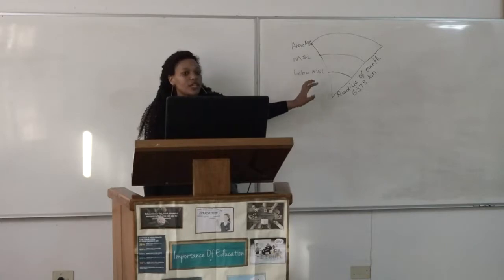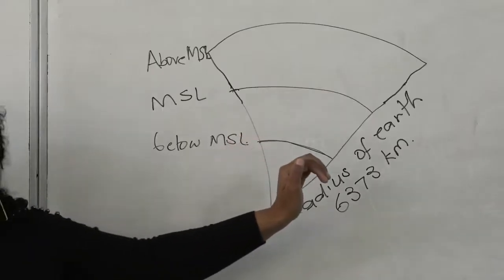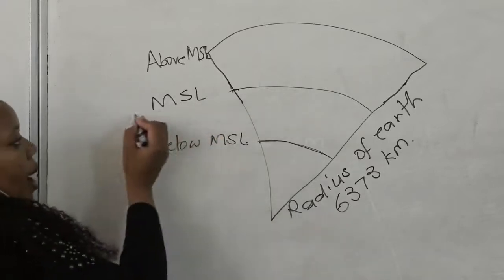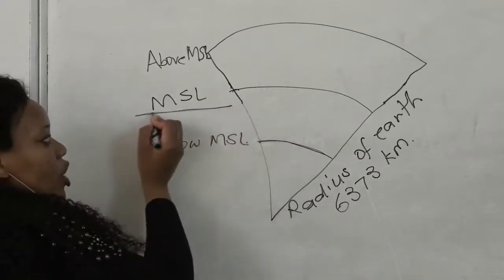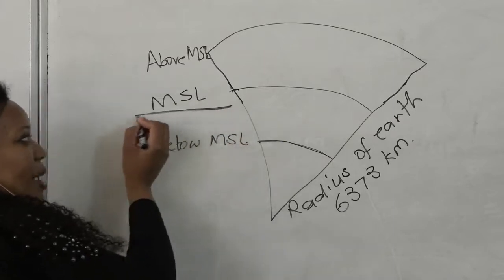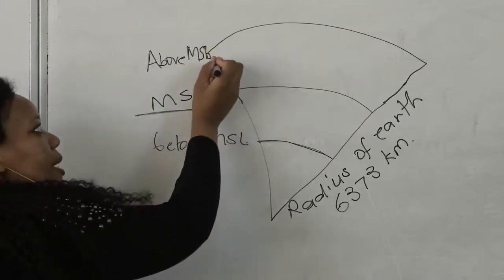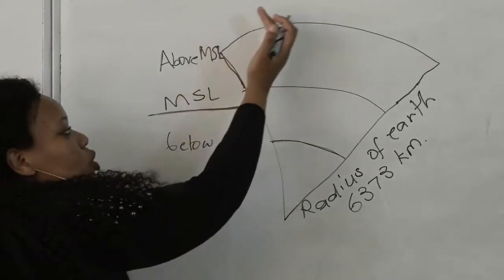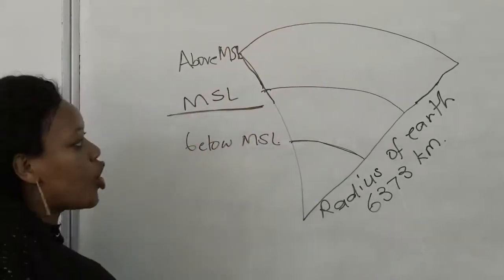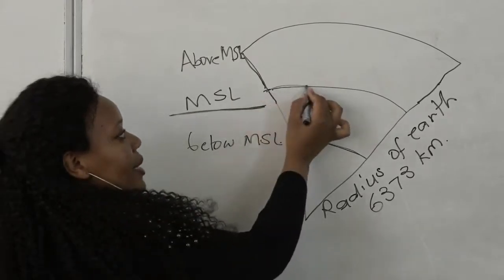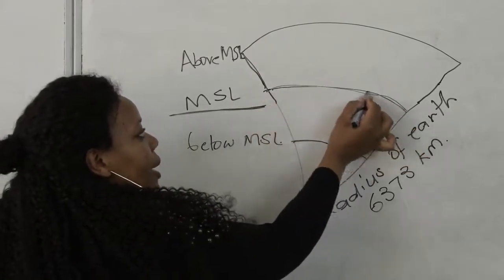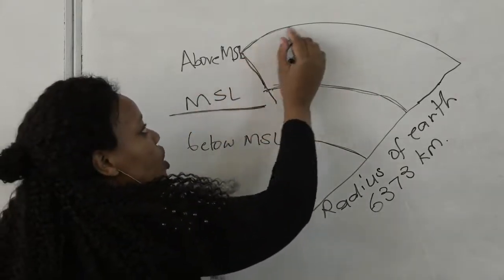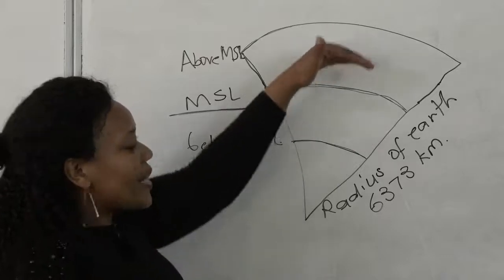Okay, so here we were told that the distance of 234.76 meters was measured at 950 meters above the sea level. This is our main sea level. So the distance was measured above the main sea level, which means we need to minus the correction, because this arc here, the arc which is above the sea level, is greater than the arc at the main sea level.